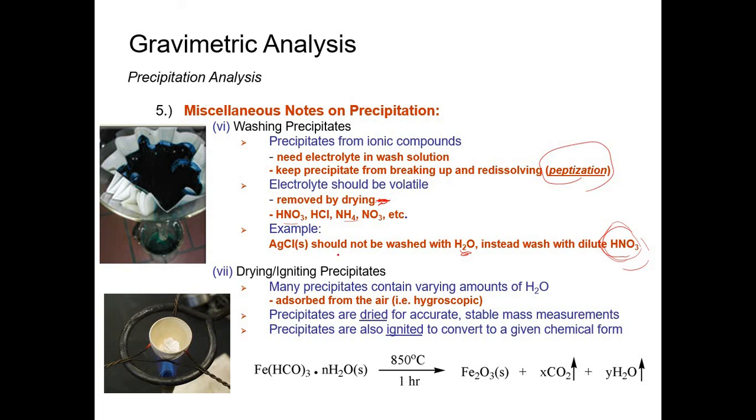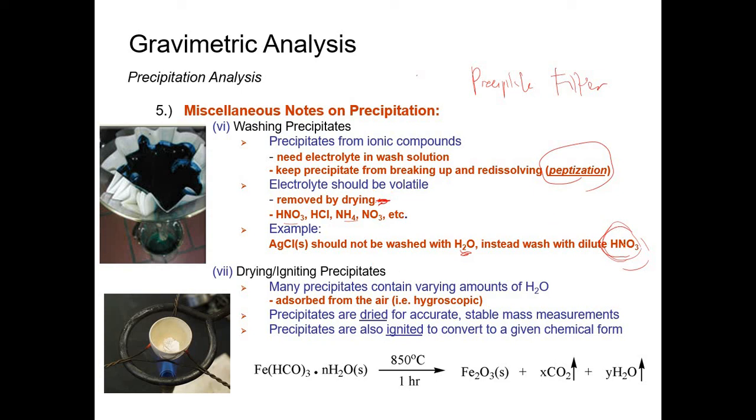Next is drying. So, after nimo pa-precipitate, di ba, ang process is ipa-react nimo ang analyte with reagent, and then after mo react, it will form the precipitate, di ba? Then after forming the precipitate, you need to filter that, and after filtering, you need to wash. Of course, depending on the precipitate, you have to wash it with the proper nga washing agent.